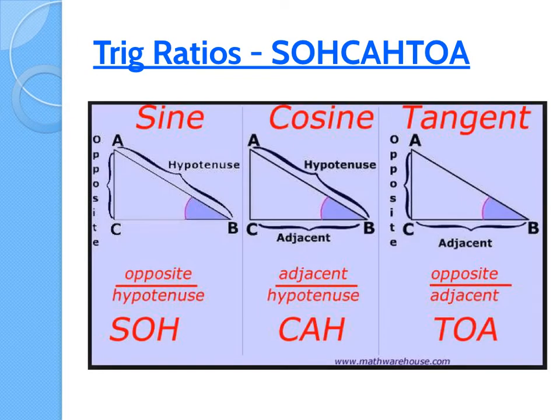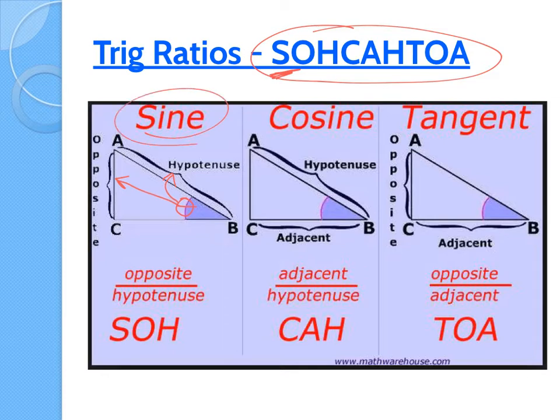So our trig functions, in a way that you can remember, is SOHCAHTOA, and that stands for sine, which is opposite over hypotenuse. So if I go to angle B and I go opposite, that's across from, and then hypotenuse, and I compare that ratio, that is called the sine ratio. With cosine, we have AH, which stands for, if I go back to angle B, adjacent means right next to, over the hypotenuse.